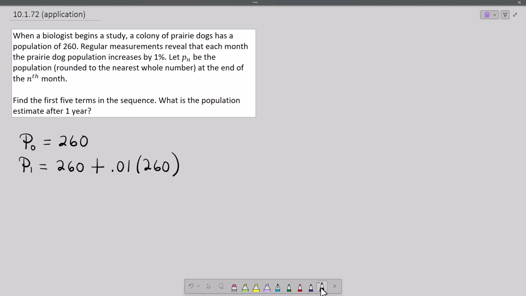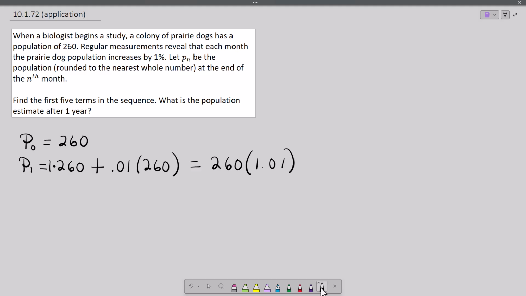Everyone okay with that? If you wanted to write this more concisely, you could factor the 260 to the front and write that as 260 times 1.01. Because in front here you can imagine it as 1 times 260. If you factor out the 260, you add those two coefficients together, 1 plus 0.01 is 1.01.